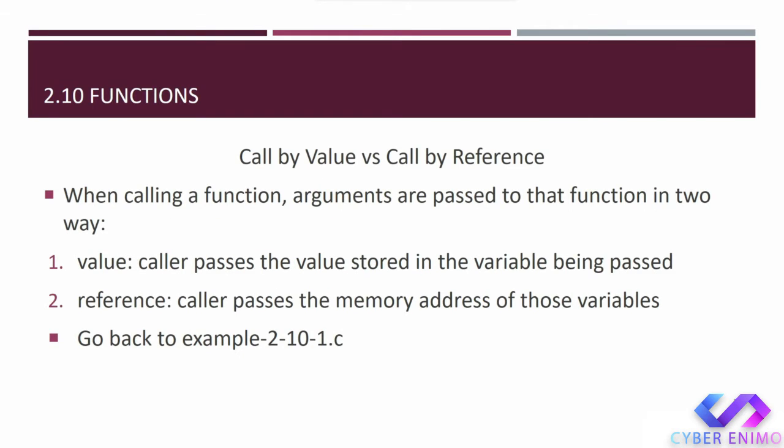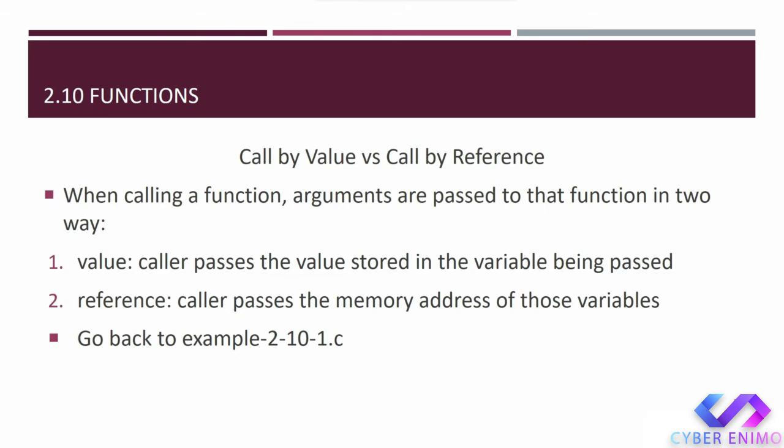The last thing we will talk about for this video is call by value versus call by reference. When calling a function, we can pass the arguments or the variables it needs in two ways. We can pass the value stored in those variables, or we can pass a reference to those variables.